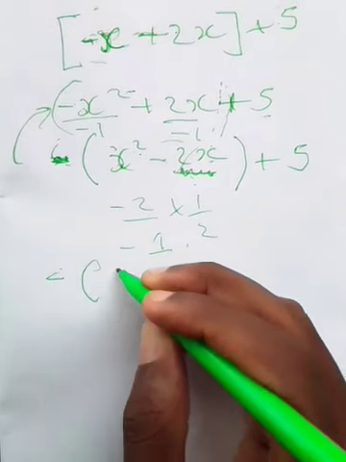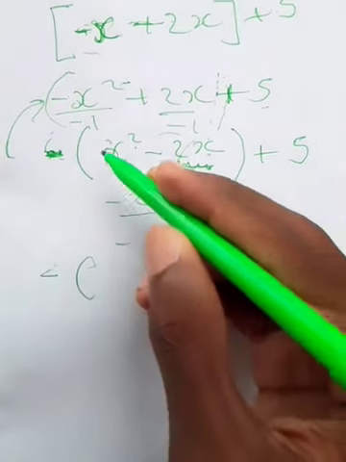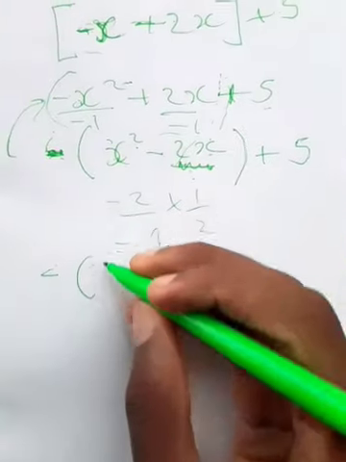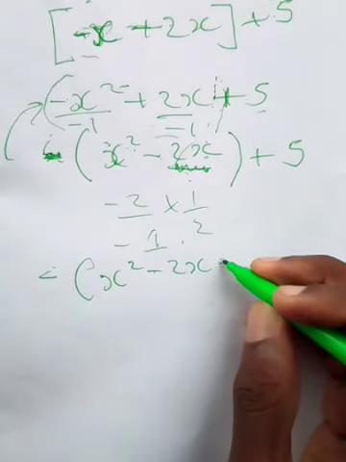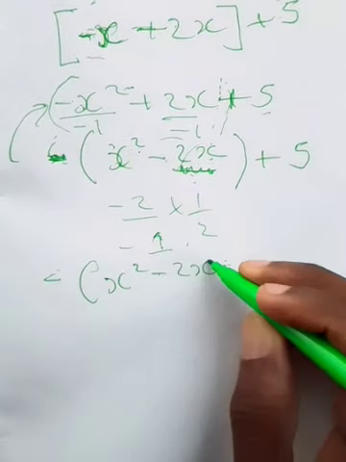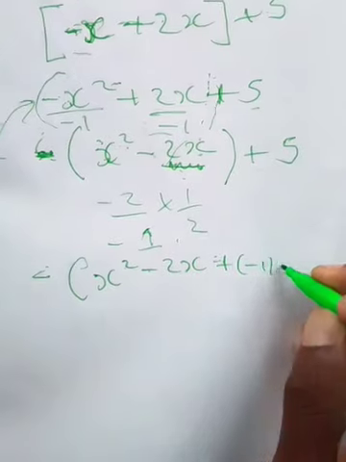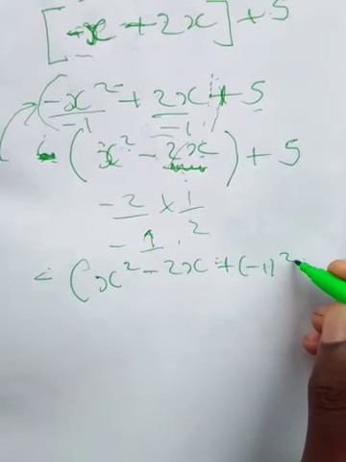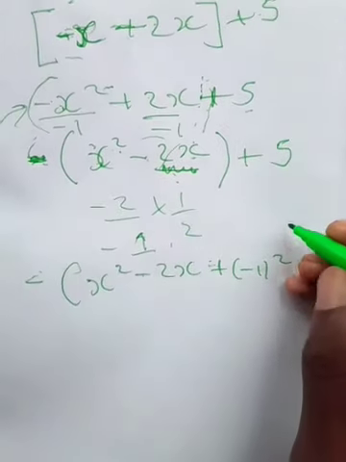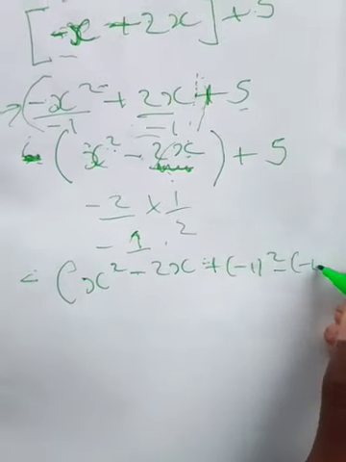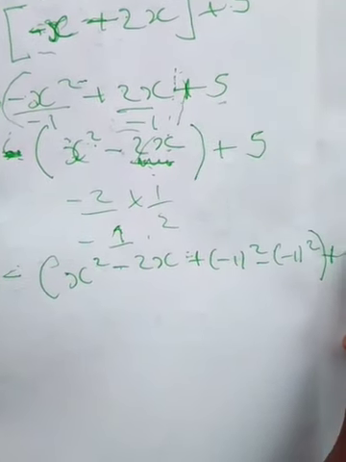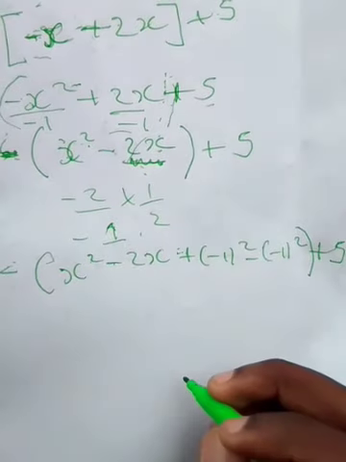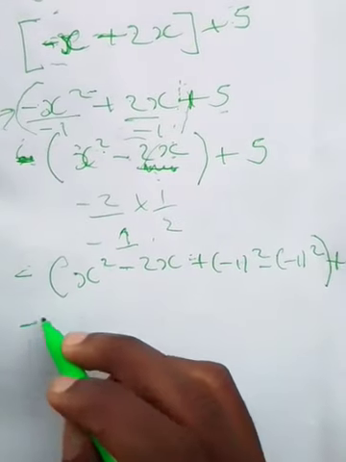So then to solve this method, you're going to say x squared minus 2x, the same way that we do, plus (-1) squared and minus (-1) squared, in brackets, and then you add plus 5.